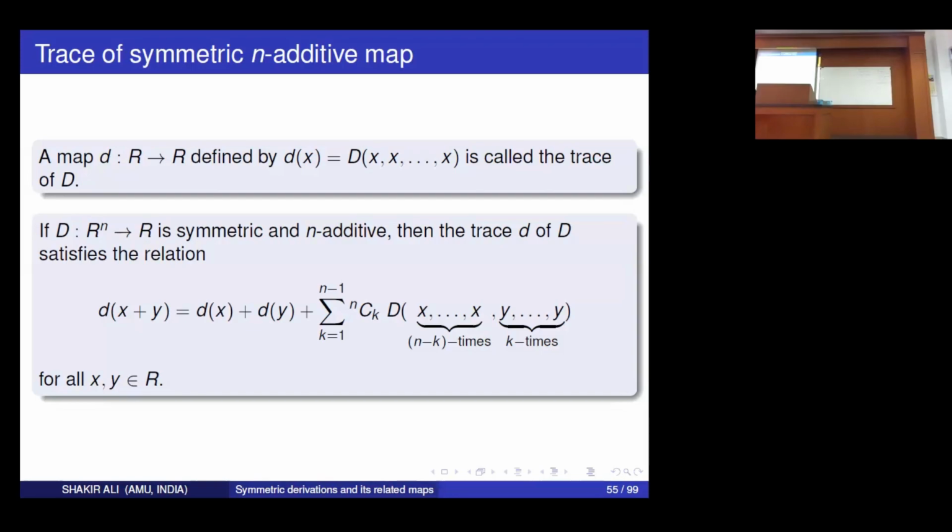So now we extend it, and that is called the trace. So if D from R^n to R is symmetric and additive, then the trace of D satisfies this. Maybe you remember for n equal to 2, d(x+y) = d(x) + d(y) + 2d(x,y). If you run and check, you will get all these things. It is a little complicated because we are dealing with summation, but very interesting.